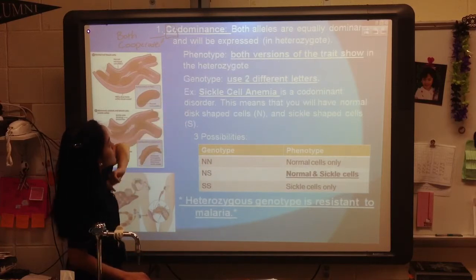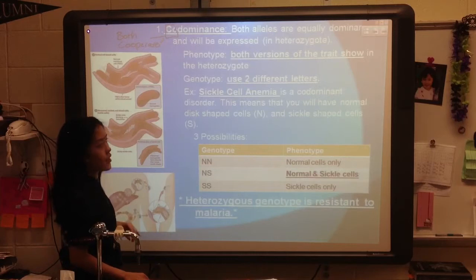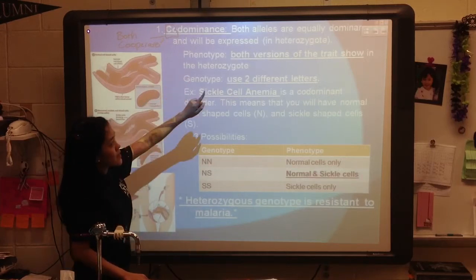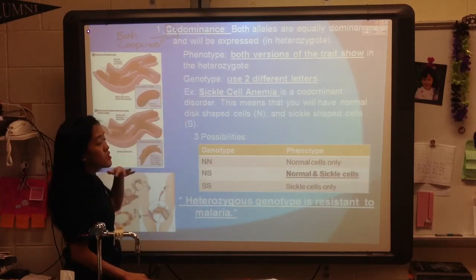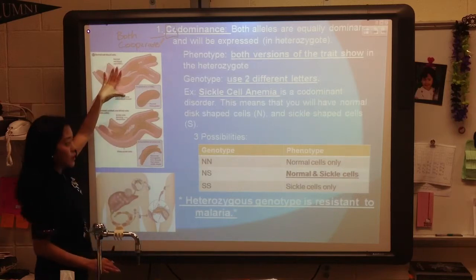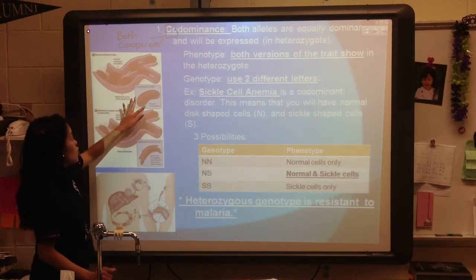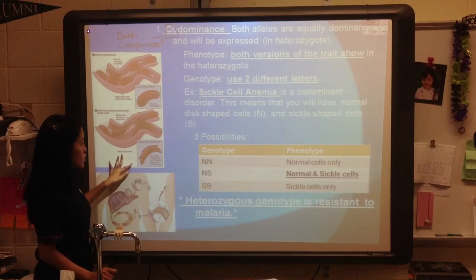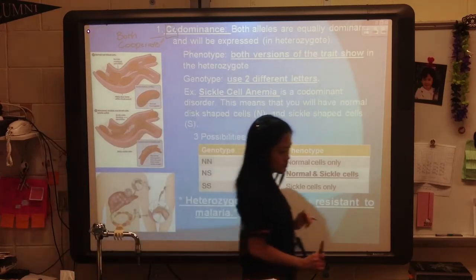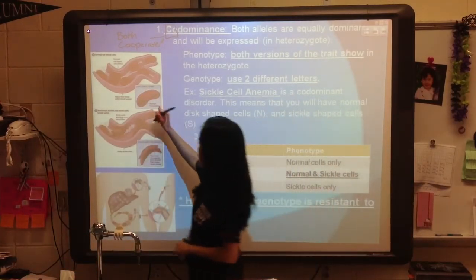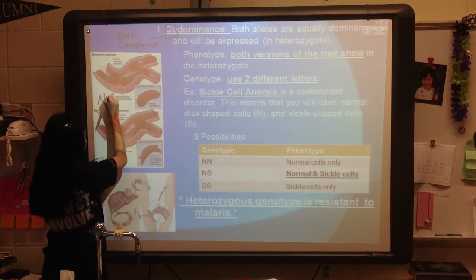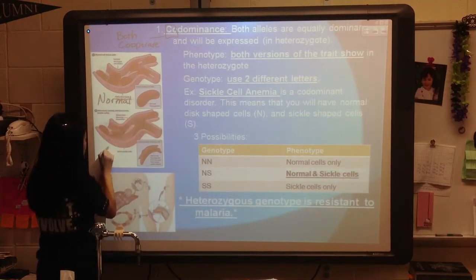Both alleles are equally dominant in a co-dominant inheritance and will be expressed in the heterozygous. So again, our example here is actually going to be red blood cells, normal red blood cells, and sickle-shaped red blood cells. Okay, let's go ahead and label that picture here. This is normal, and this is sickle.